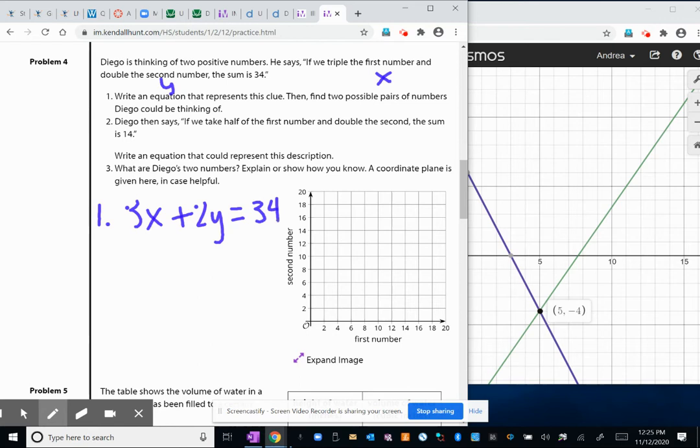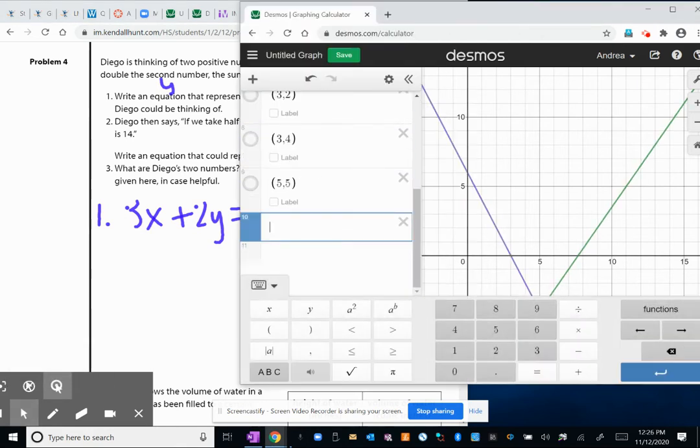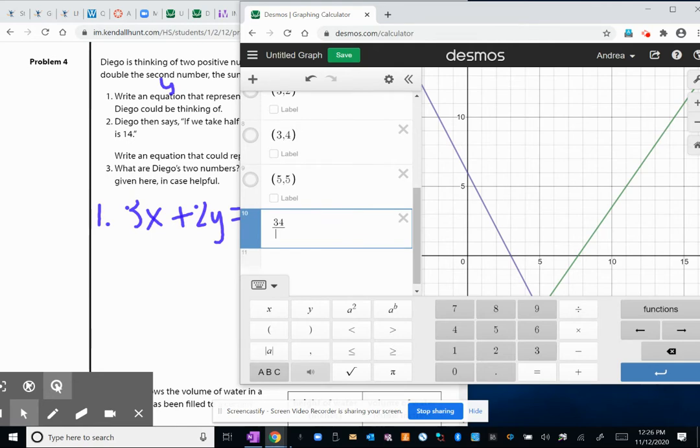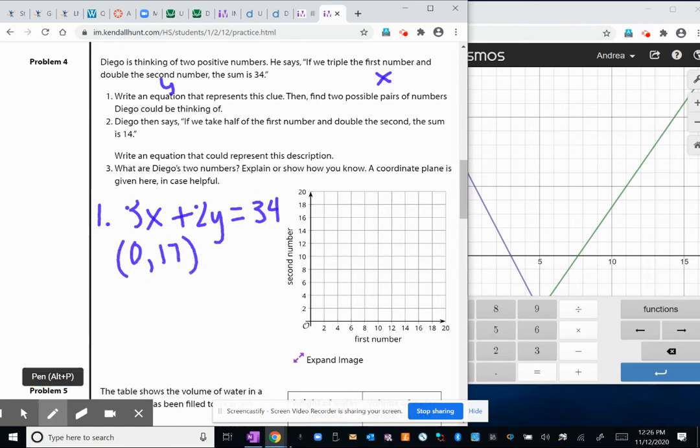And so all I need to figure out is what is 34 divided by 2? It's 17. So one possible pair of numbers would be 0 for x and 17 for y.